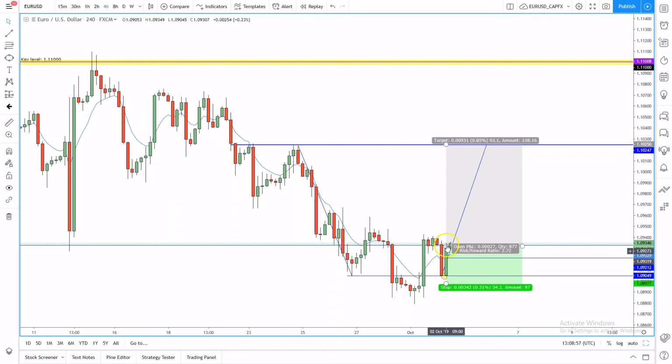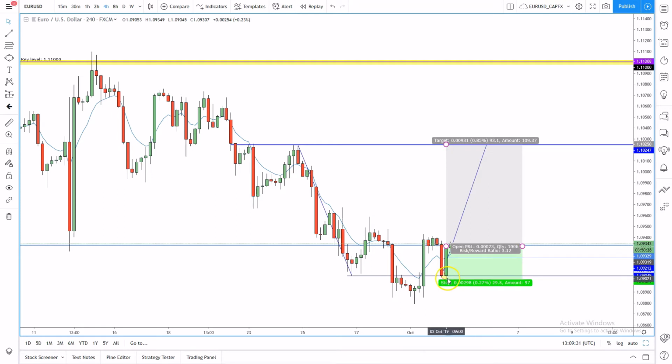So I waited for this 4 hour close. It actually closed about 10 minutes ago, and I jumped in on a bullish engulfing candle, and also railroad tracks. So I entered right there on the 4 hours, and then I'm targeting that area. My stops are fairly tight, just below today's low.